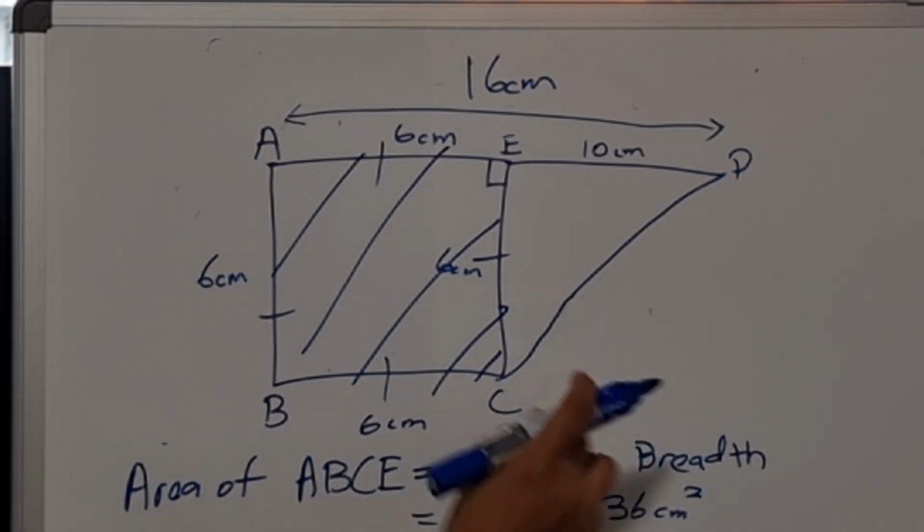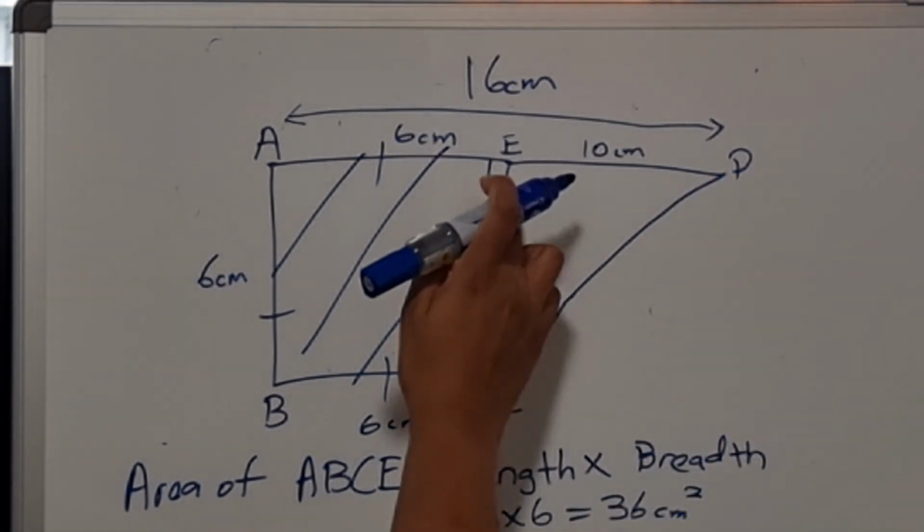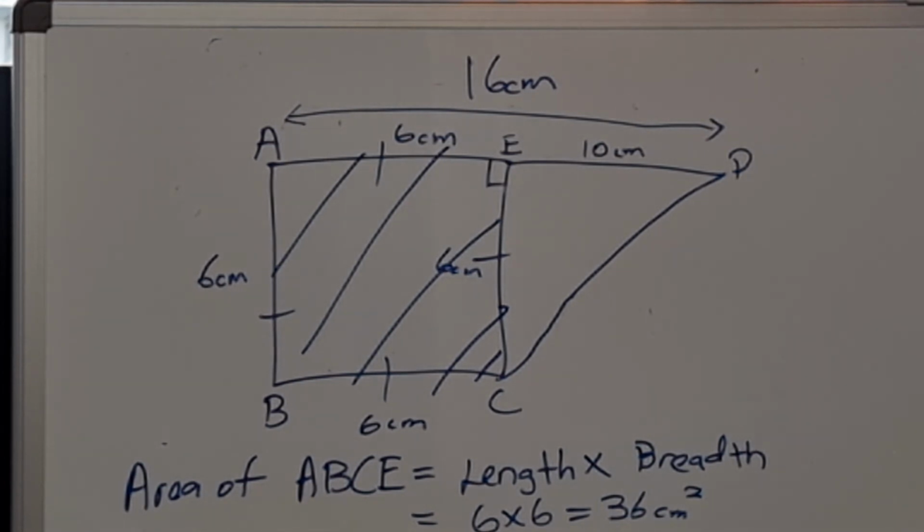And then find the area of CDE. Area of CDE is, because it's a triangle, right? So we use triangle formula, half times base times height.